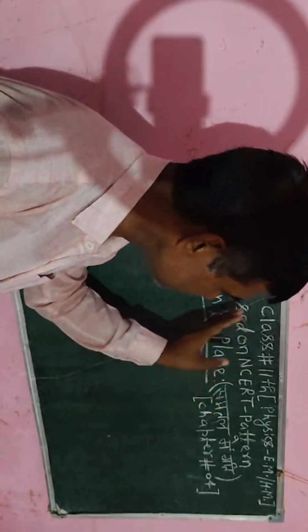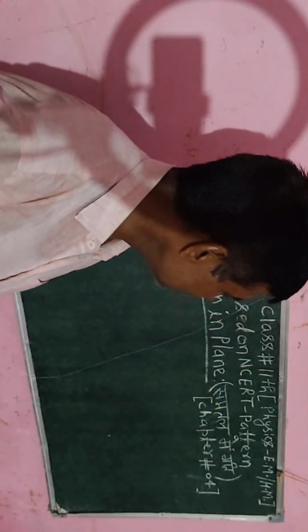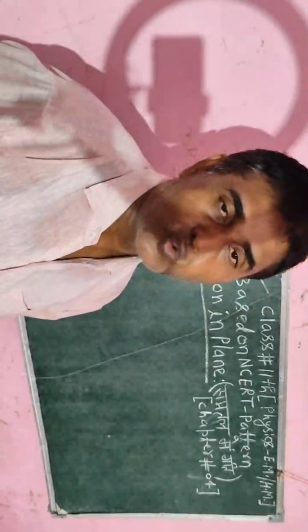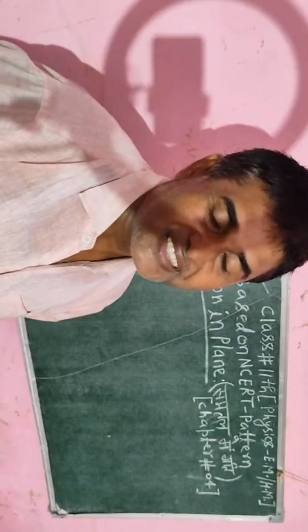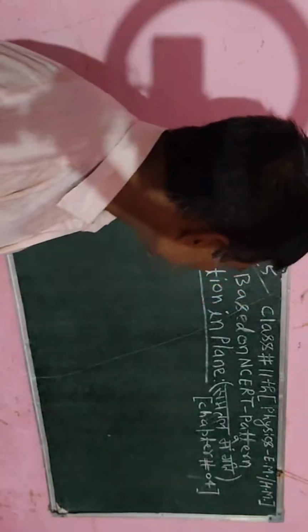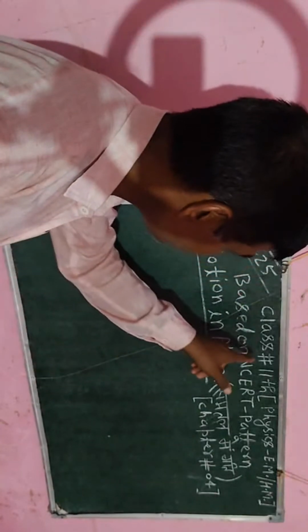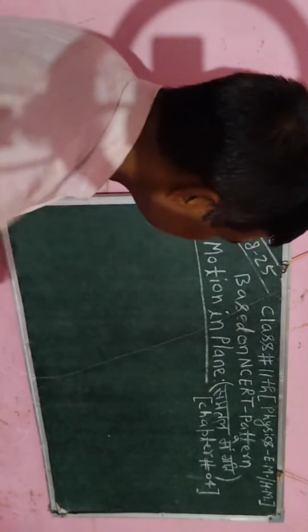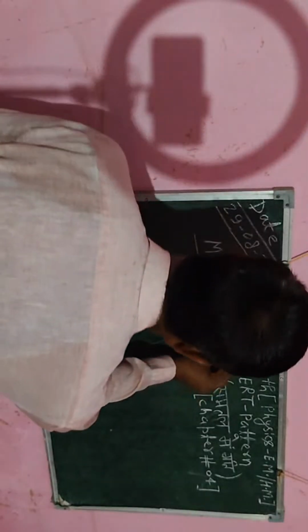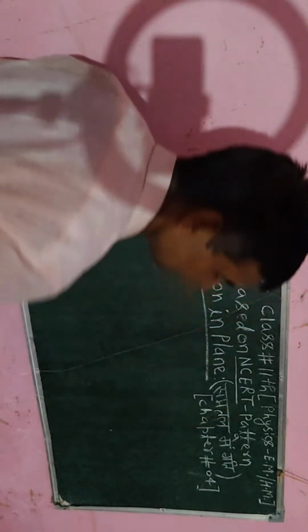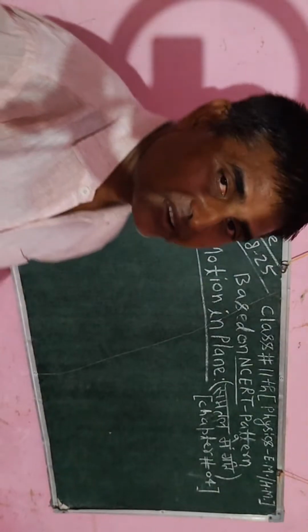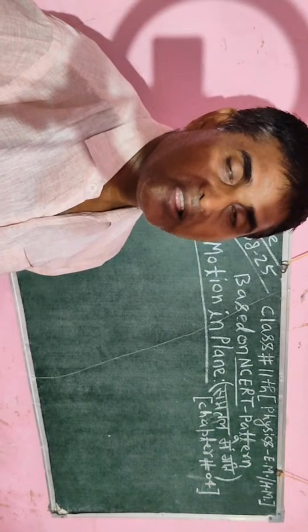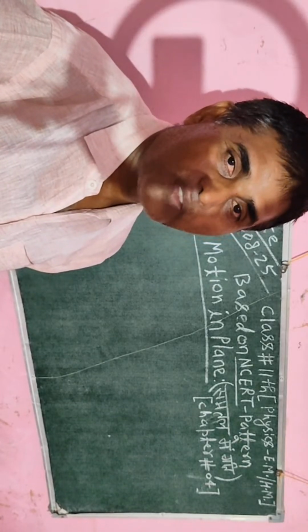So students who are reading in Hindi medium, that is in UP board, can also understand this information clearly. This class 11 physics is based on the NCERT pattern. So you have to follow it clearly, because in the NCERT pattern only information will be given and only some numericals will be given on those concepts.